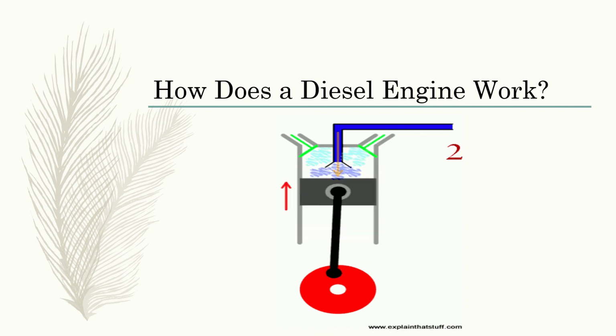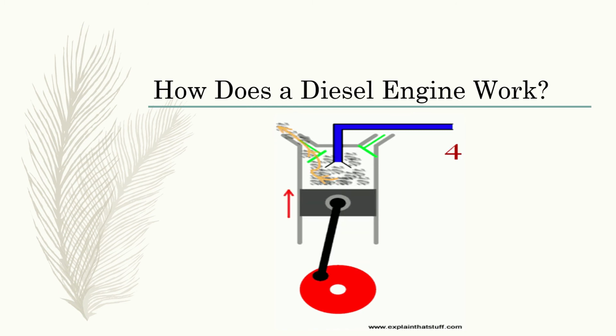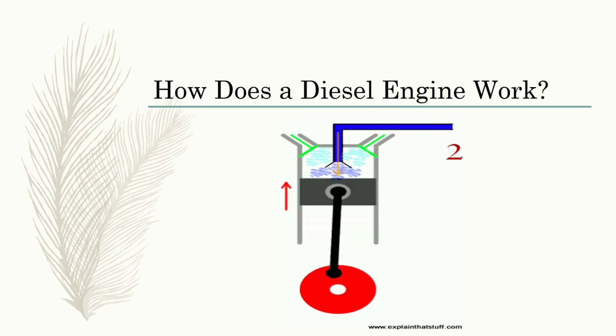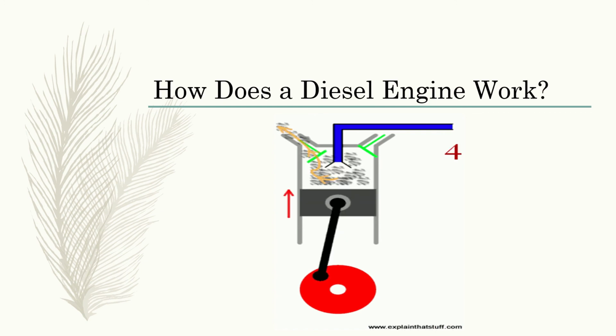A form of diesel is injected into the compressed air, and the fuel evaporates and undergoes an uncontrolled, spontaneous explosion. As a result, the pressure and temperature rise to a high value. In the third stage, the high energy fluid pushes the piston downward.